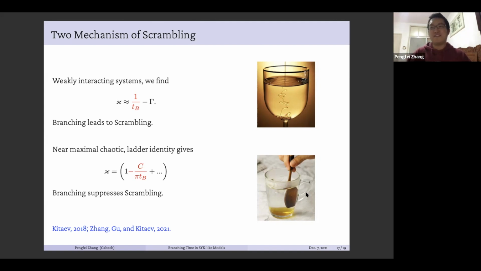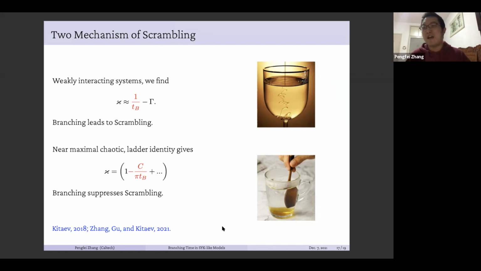This is like creating some boundary graviton, which is more efficient than just waiting. If you just wait, you need some dissipation, like diffusion, and then the honey and water can mix. But if you create some collective mode, this is like creating boundary gravitons, and there will be a shock wave, so it will mix the honey and water very efficiently.